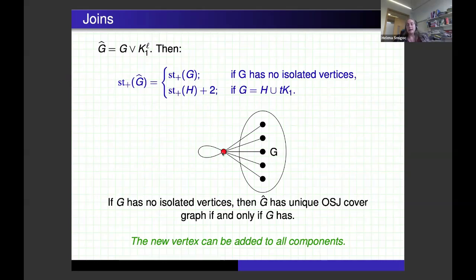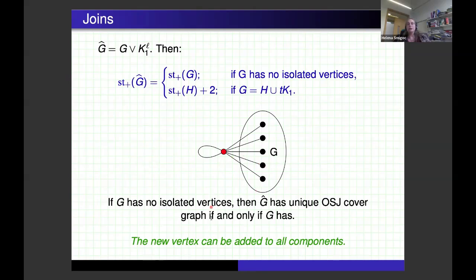And if I do that, then I haven't changed the SNT-rank of the graph, except if my starting graph had some isolated vertices, then I have increased the SNT-rank by 2. But if G had no isolated vertices, then this extended graph has a unique OSJ cover if and only if our starting graph G had. The idea in the proof again here is not very difficult.